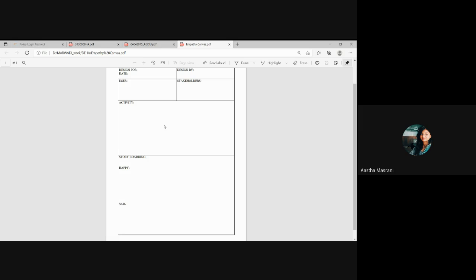Not only the group leader has to specify it. I will ask any team member randomly from the project title that I select. So everyone, be ready with your empathy canvas and AEIOU. Start making it right now. And if you have any doubts, just unmute yourself if I'm not replying to you or seeing your message.